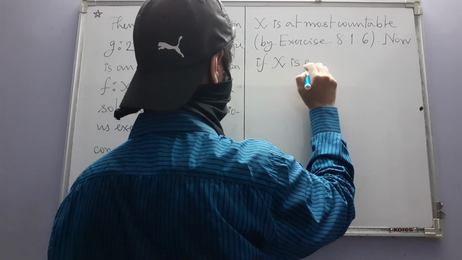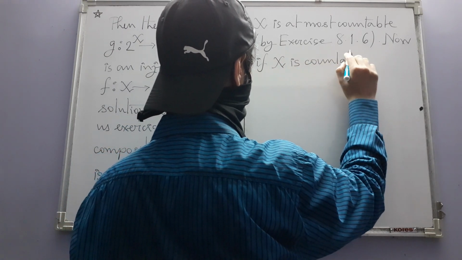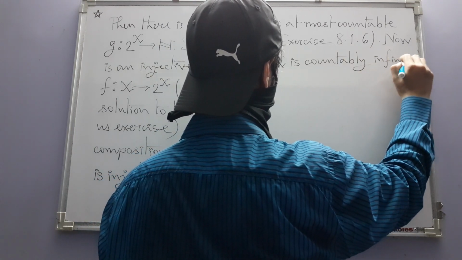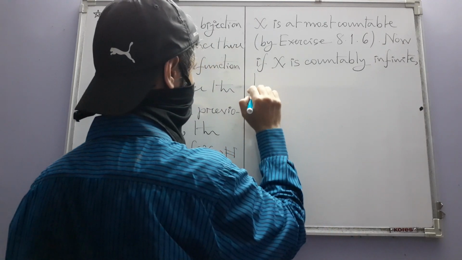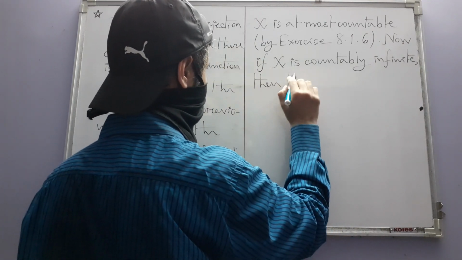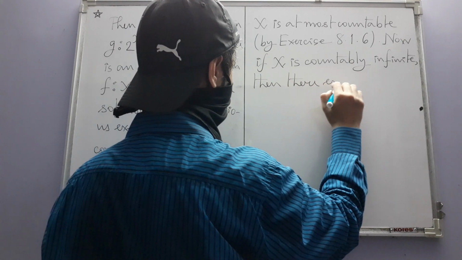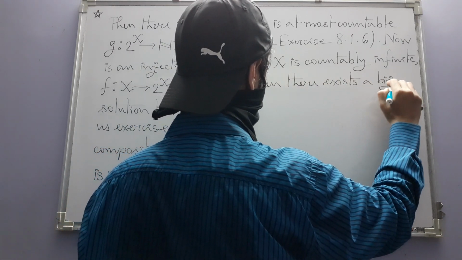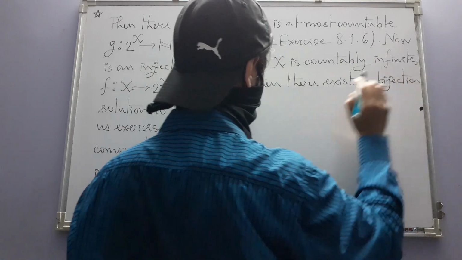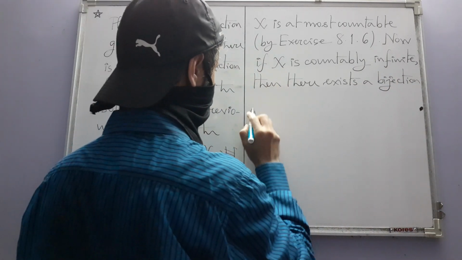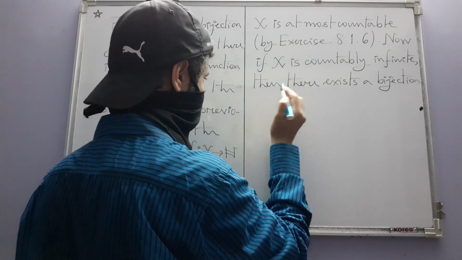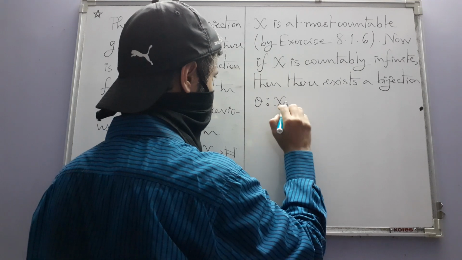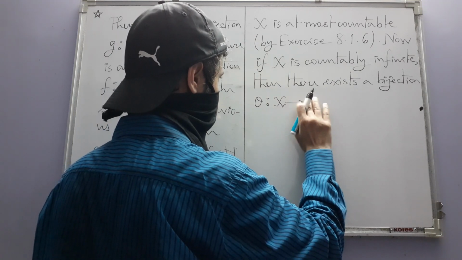Now, if x is countably infinite, then there exists a bijection, say theta, from x into n.